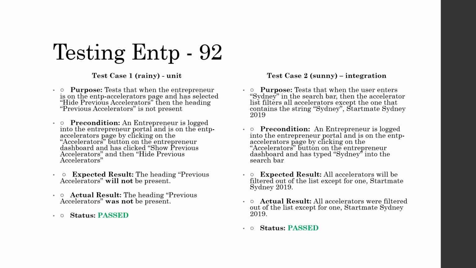Test case 2 is a sunny day integration test case that tests that when the user enters Sydney in the search bar, then the accelerator list filters out all accelerators except the one that contains the string Sydney, which is only one. Both tests shown passed as well. And now we'll demo these user stories that were completed for Sprint 4.